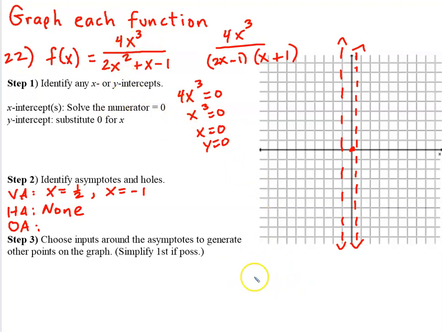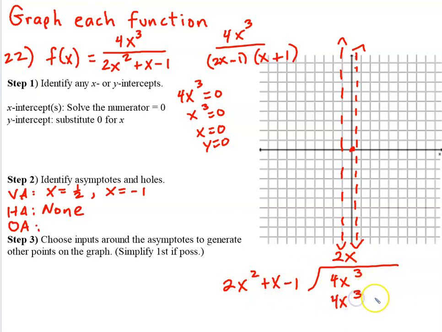So we're going to divide the denominator, 2x squared plus x minus 1, into 4x cubed. So 2x squared goes into 4x cubed 2x times, and then multiply: 4x cubed plus 2x squared minus 2x.